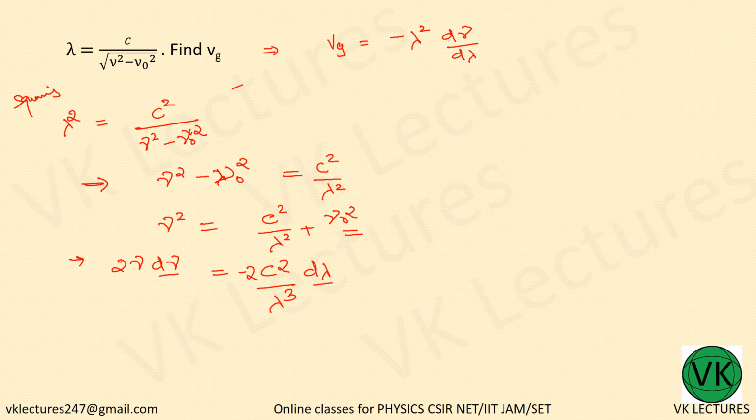So d nu by d lambda is equal to minus 2 c square divided by lambda cube into 1 by 2 nu. 2 gets cancelled. So that is minus c square divided by nu times lambda cube.